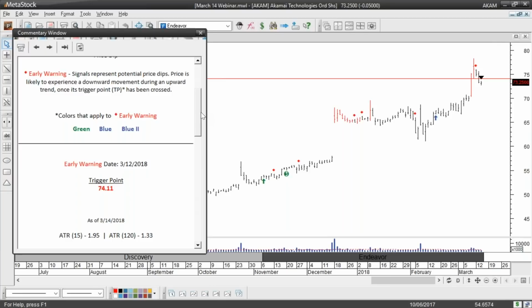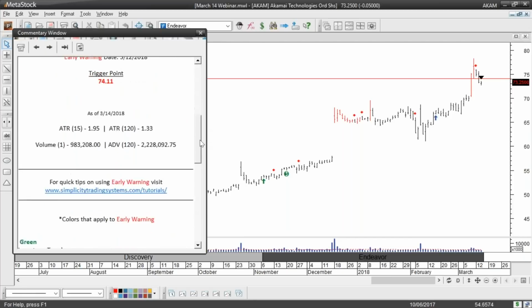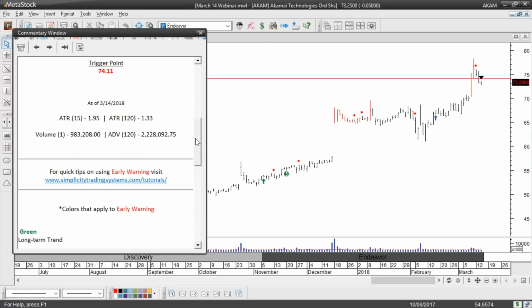And you know what? While we're here inside the commentary, I want to show you guys my favorite part of this entire system. Since there are a lot of signals, and they each have their own slight variance in rules, if you ever have any questions on any particular signal, all you have to do is open up that signal's commentary and click the link right here for quick tips on how that signal works.